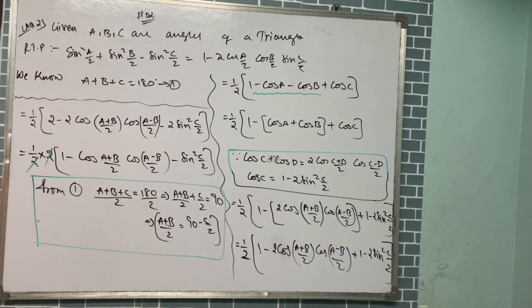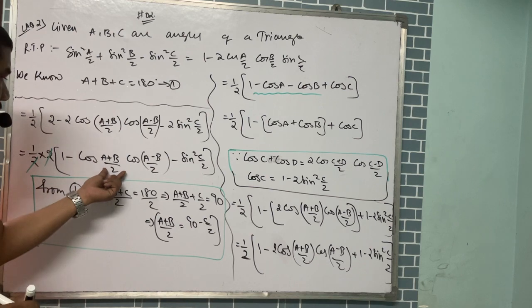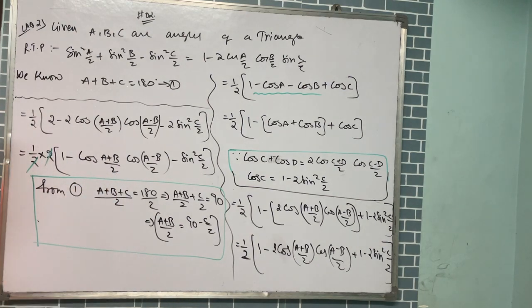So in the next step, here I will do the changes. So I can get cos 90 minus C by 2. Okay? Right. Observe that much part carefully, everyone. Right? Clear?